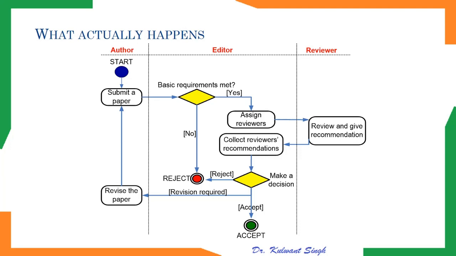One is acceptance with revision, and the revision may be minor or major as per the recommendation. Because once the reviewer calls for the revision, it does not mean that your paper is accepted. You have to revise your article as per the comments, and you have to resubmit again.